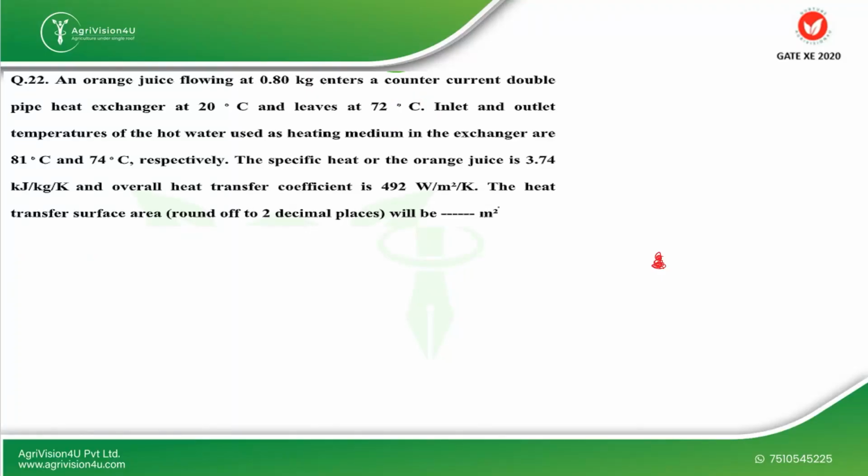Question 22. An orange juice flowing at 0.80 kg per second enters a counter current double pipe heat exchanger at 20 degrees Celsius and leaves at 72 degrees Celsius. So mass flow rate m is 0.80 kg per second, inlet temperature T in is 20 degrees Celsius, T out is 72 degrees Celsius.